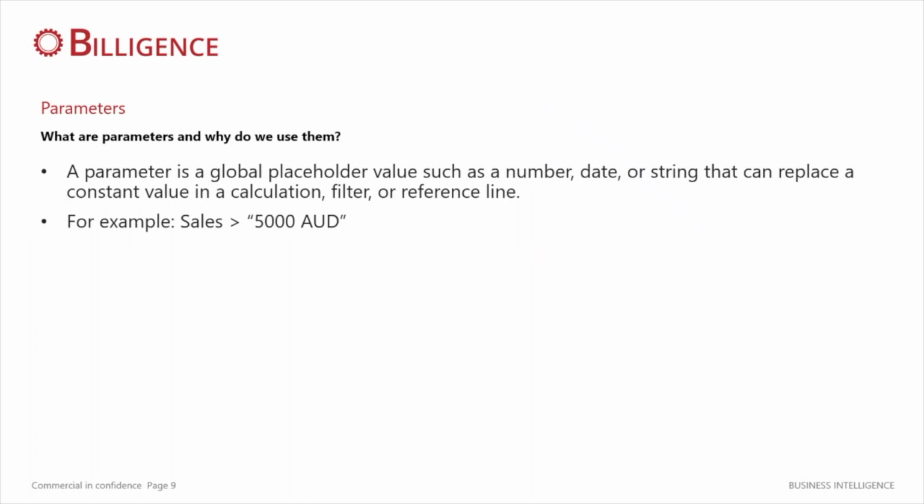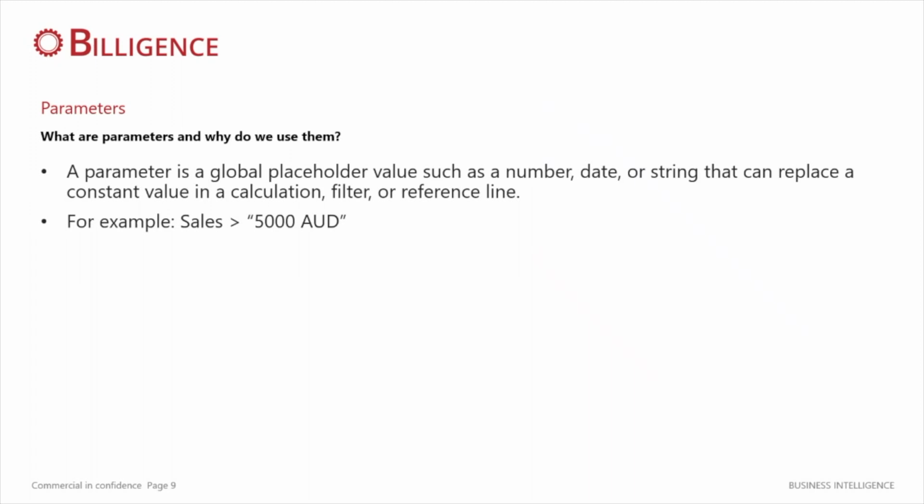This might sound confusing to some people who are not familiar with the technology, but allow me to explain further. You can imagine it as a placeholder for a value. For example, you may want to create a calculated measure that checks if the sales for the month is over a certain budget value, for example, 5,000 Australian dollars.